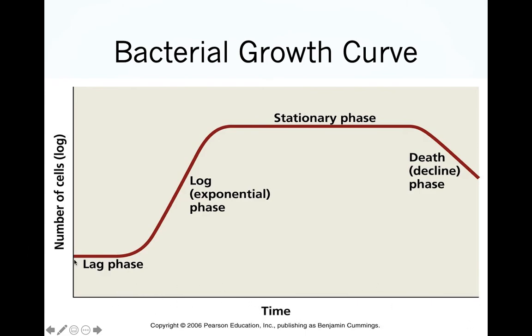So the very first thing that's going to happen is bacteria are going to be introduced to a brand new environment right here. You've introduced them to a new petri dish, you've gotten sick, someone's coughed on you, something like that. The very first time that bacteria is introduced to a new environment, that number will not change.